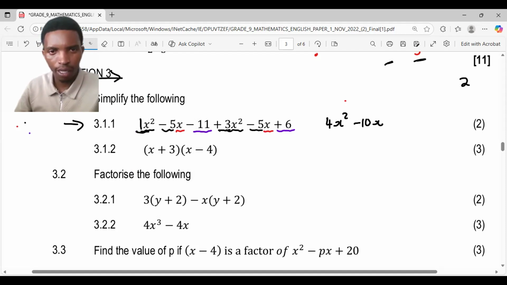And then we have minus 11 plus 6. It's going to give us negative 7? Is it 5 or 7? Let me double check. Yeah, minus 5. So that is our answer.